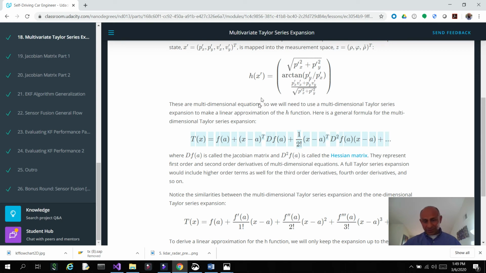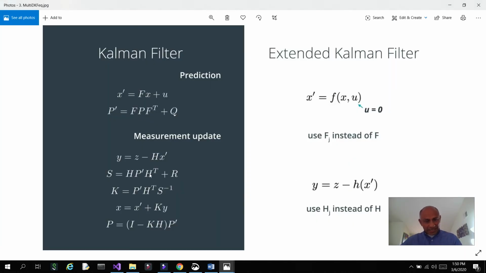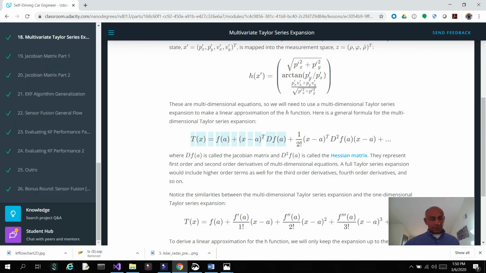This is the first derivative, this is the second derivative. We are only going to consider the first derivative, and the first derivative is called the Jacobian matrix. The second derivative is called the Hessian matrix. We're not going to get into the second derivative. So let me reiterate: H in the S calculation, K calculation, and P calculation becomes Hj, which is your Jacobian matrix. All right.